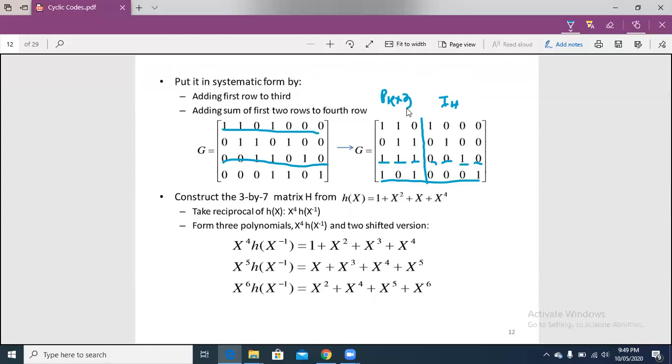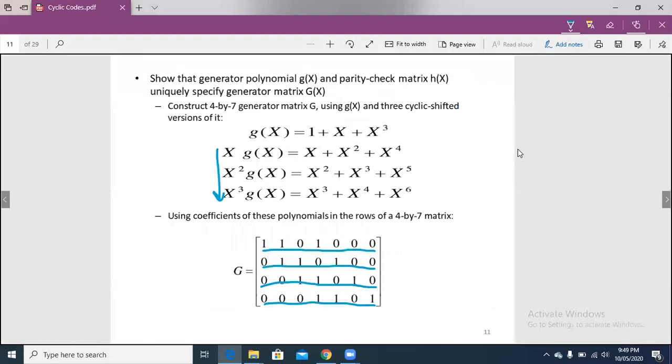So now we have considered the message 1, 1, 0, 1. When we multiply it by this, we will get the 7-bit code word, which is of the same form which we have generated here.